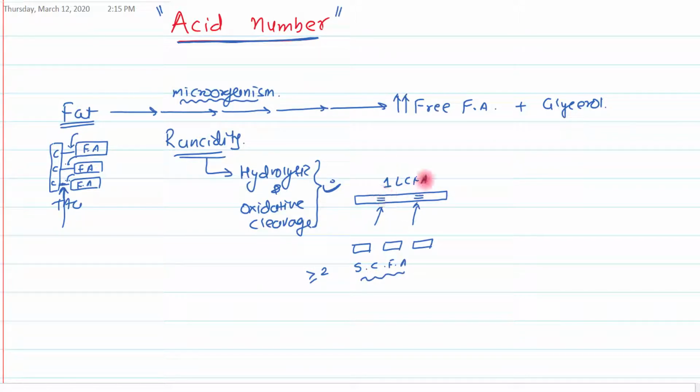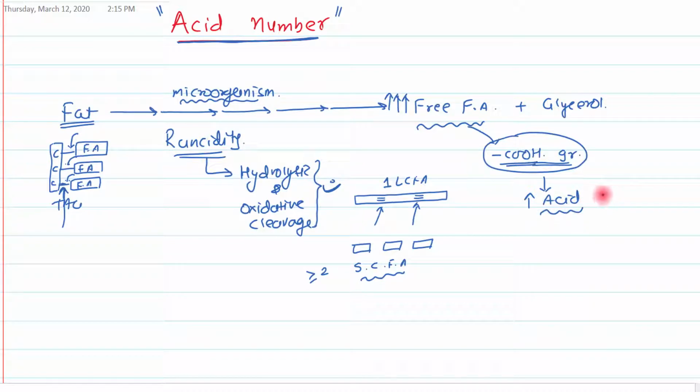So again, the number of free fatty acids is increased. With the passage of time, the free fatty acid content increases, and we know that a free fatty acid contains a free COOH group. Because of this carboxylic acid group, there is an increase in the acid content. The pH of such fat gradually changes with the passage of time, and ultimately it becomes acidic.